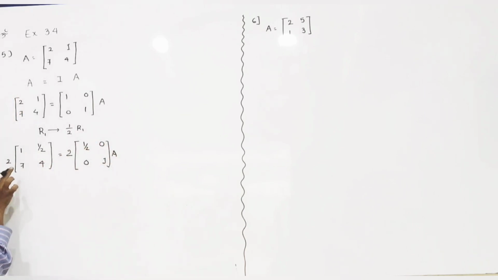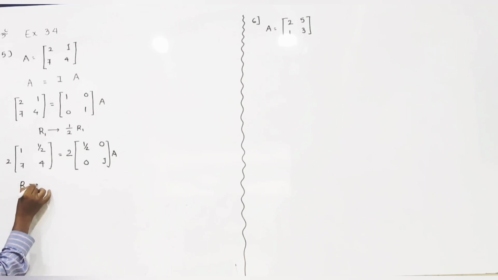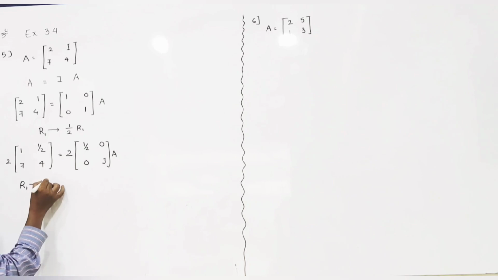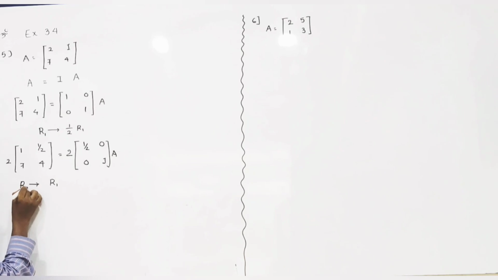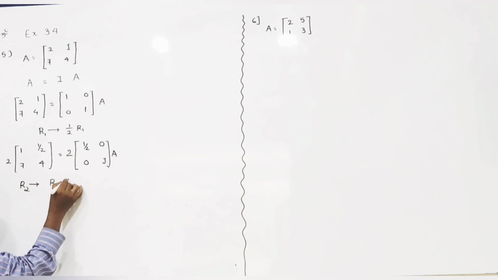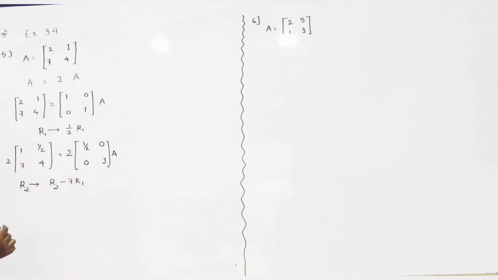Now next step, I want to make here 0. So in row 2 I am multiplying by 7 to row 1 and subtracting it from row 2. So here 1, 1/2, 7 minus 7, 4 minus 7 by 2. Because row 1 I am multiplying by minus 7 and adding into this.